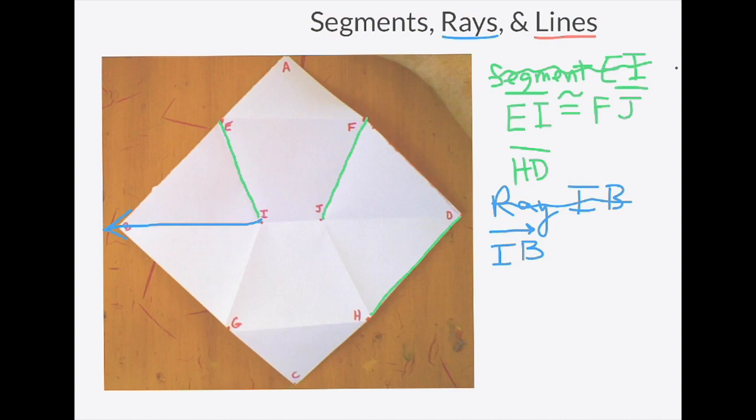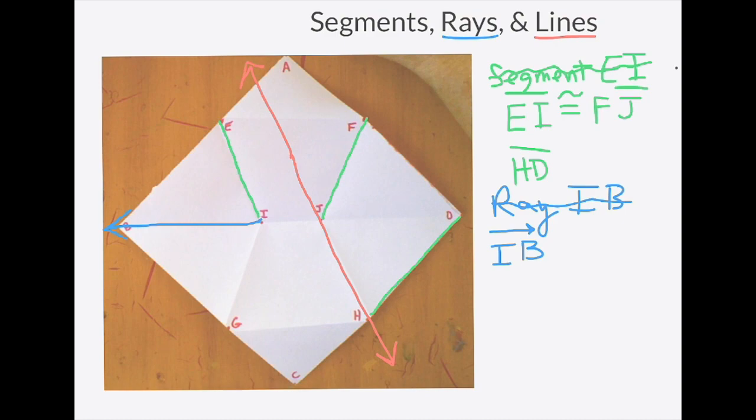I can actually draw a line on here by connecting points J and H, but going off the page through H, and also going off the page in that direction as well.